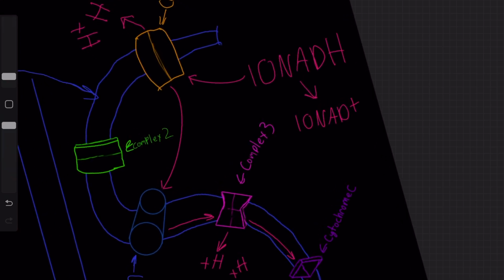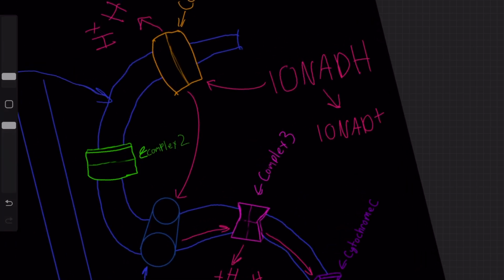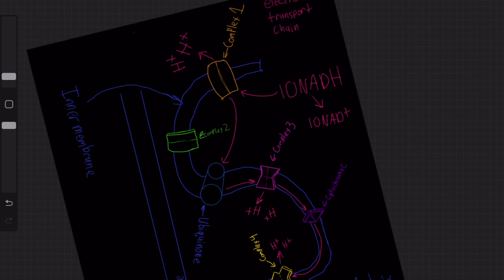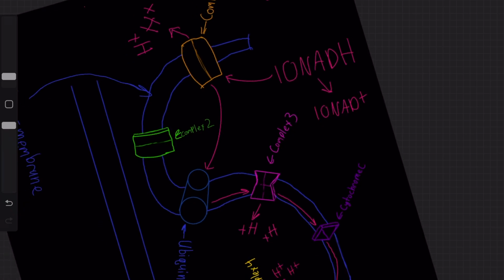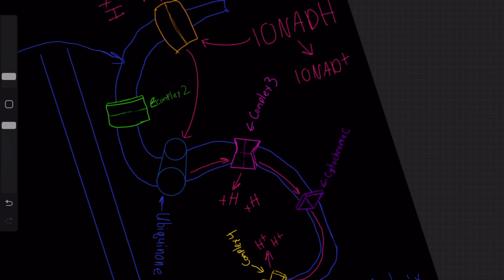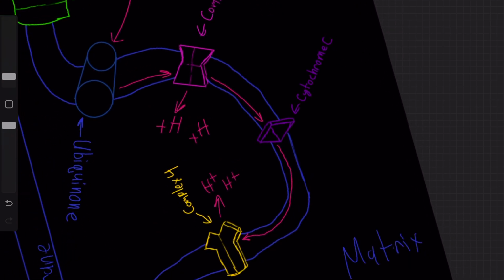The NADH will dump electrons and become empty trucks again. The electrons go from complex 1, which shoots out hydrogen ions, and ubiquinone picks them up and takes them to complex 3. Complex 3 shoots out hydrogen ions and takes the electrons to cytochrome C. Cytochrome C takes them to complex 4, which shoots out hydrogen ions.